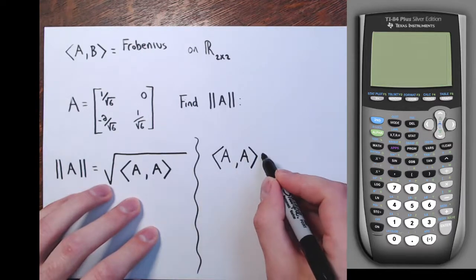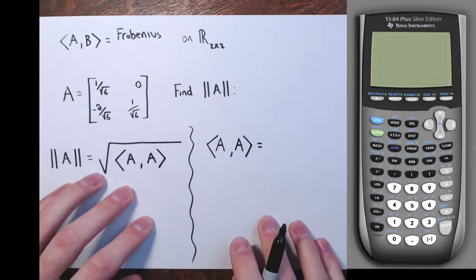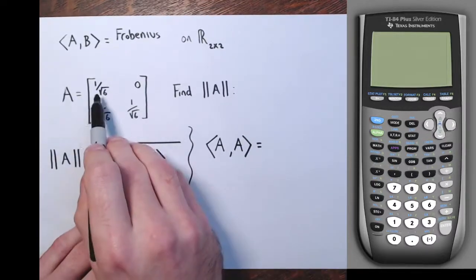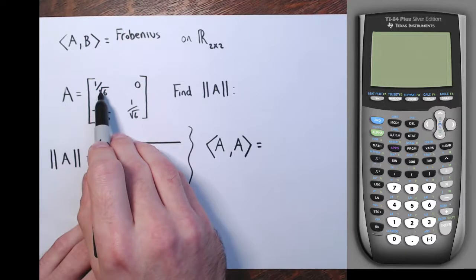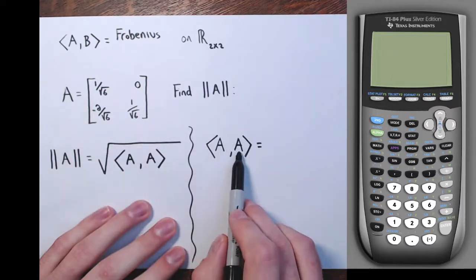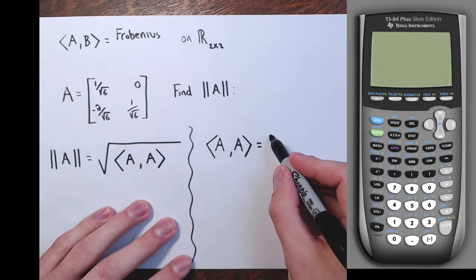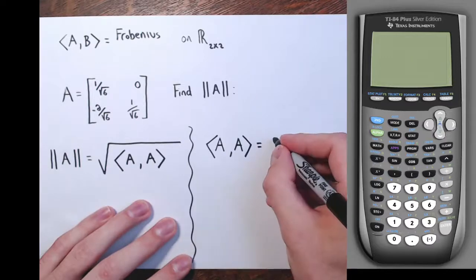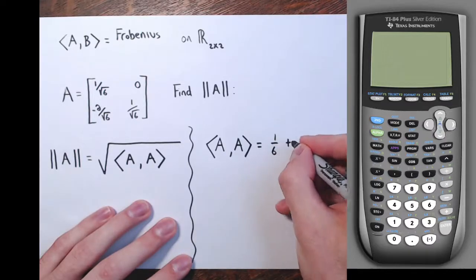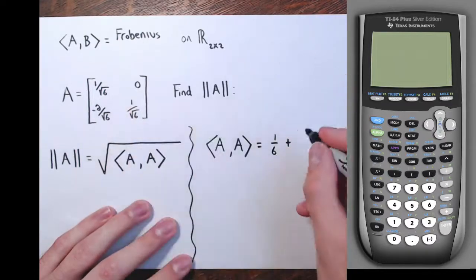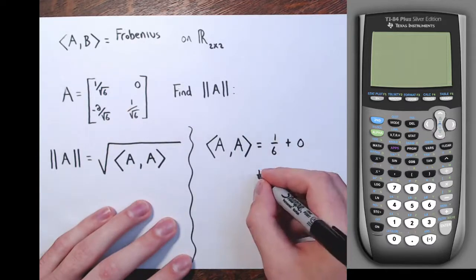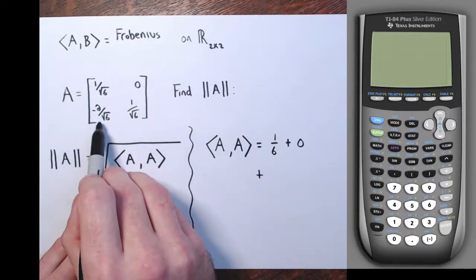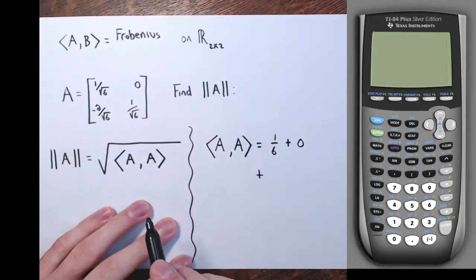All right, remember, this is just the Frobenius inner product, meaning I take the first row, first column entry of A and multiply it by, again, the first row, first column entry of A. So this will be 1 over root 6 times 1 over root 6, which will just be 1/6, plus 0 times 0, plus -2 over the square root of 6 multiplied by itself, so positive 4 over 6.